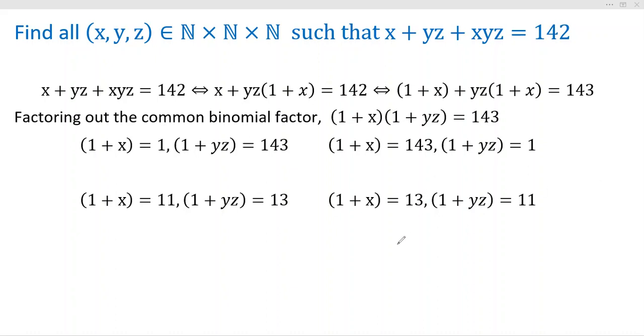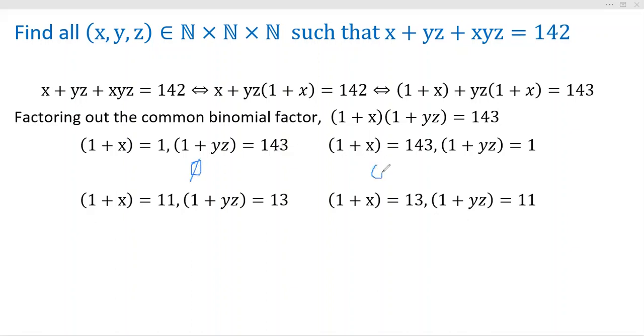Now what we're going to do right here is just look at the possibilities. If you take a look at the first possibility, 143 is almost a prime number. 143 and 1 are the factors of 143, and also 11 and 13. Now, if you'll notice right here, there's going to be no solution for both this case and this case.